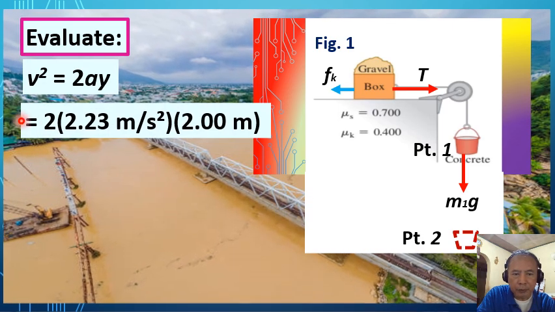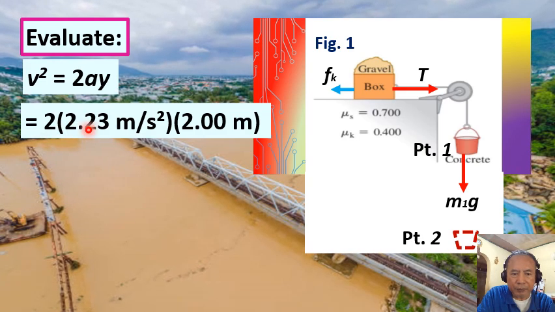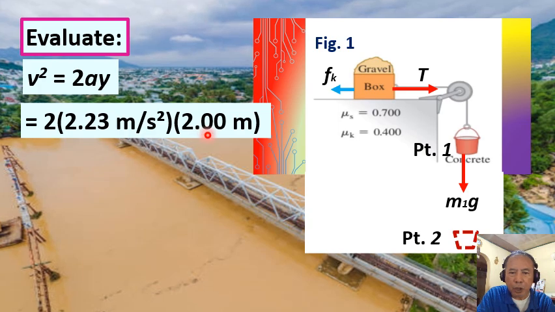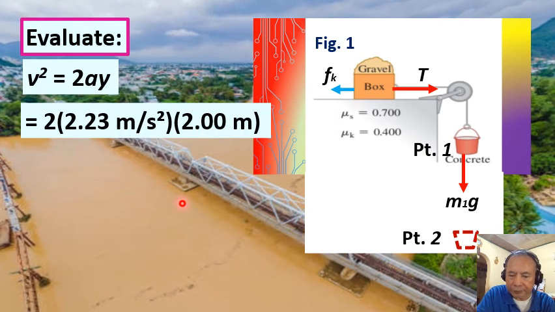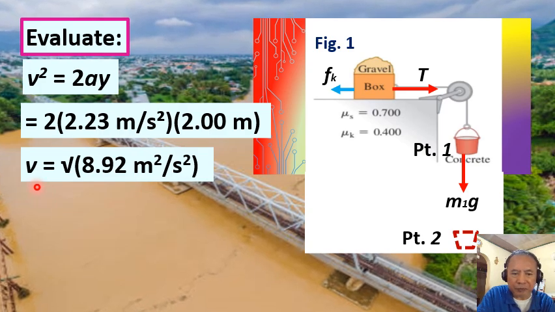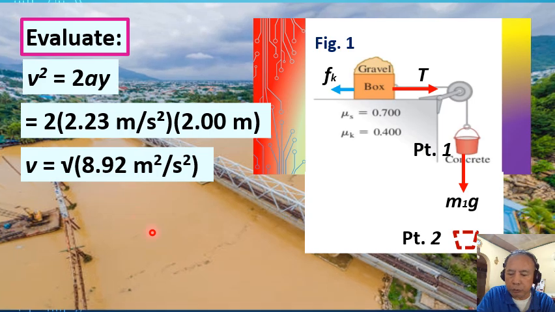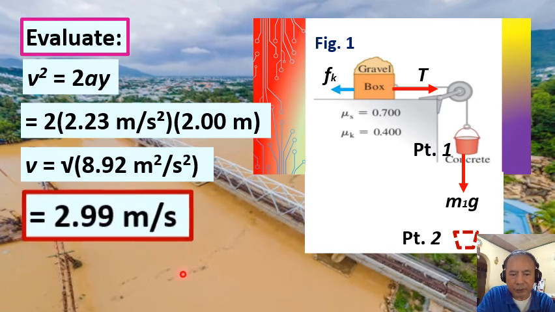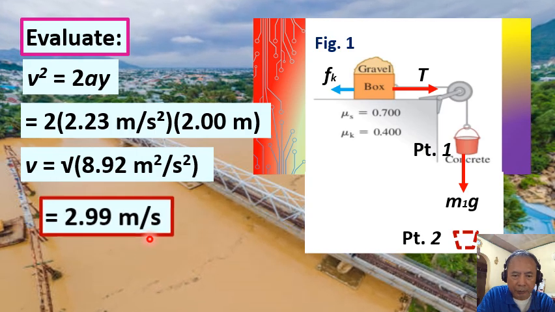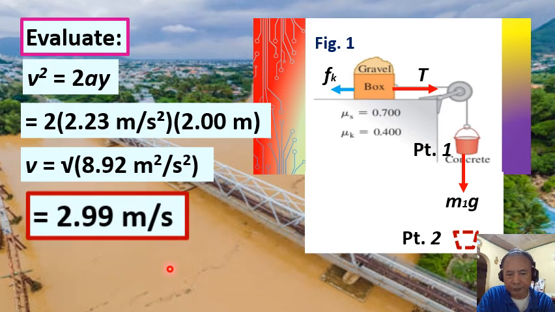So that becomes v squared equals 2 times 2.23 meters per second squared multiplied by 2.00 meters. So we get the value of the final speed v equals square root of 8.92, which is 2.99 meters per second, also rounded to 3 significant figures.